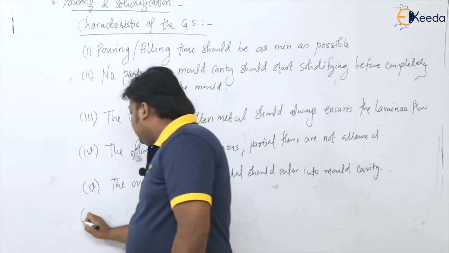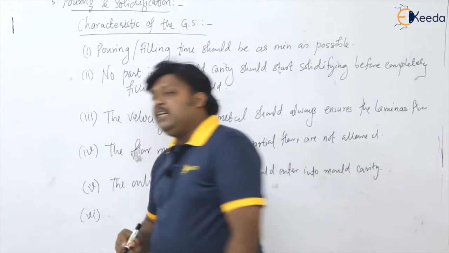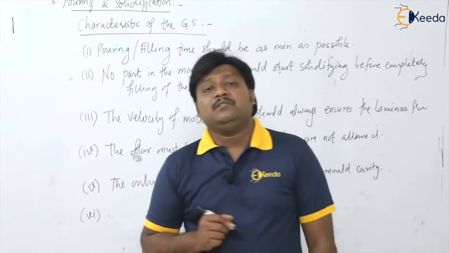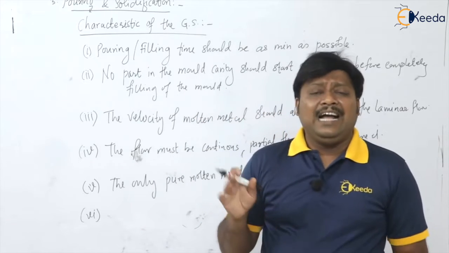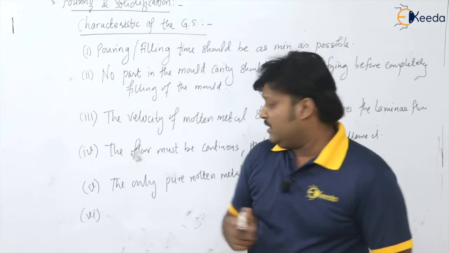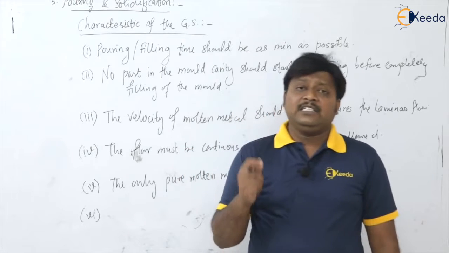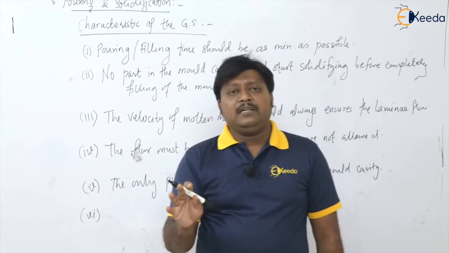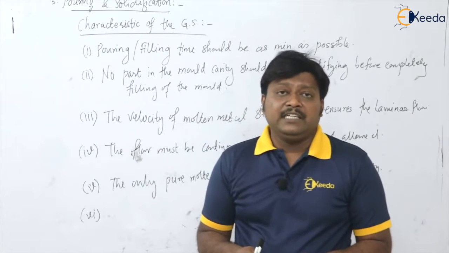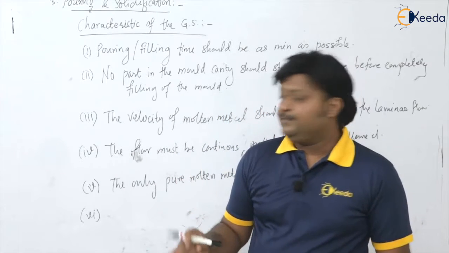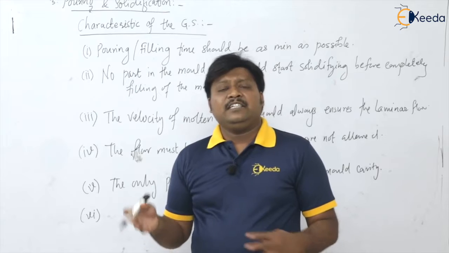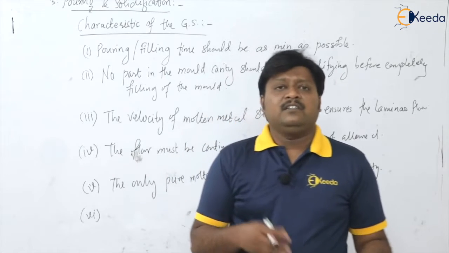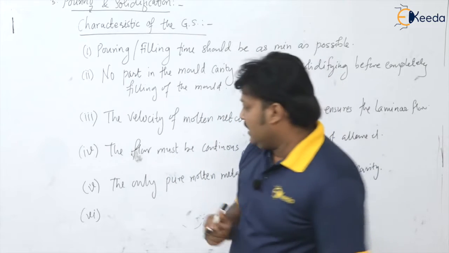If we talk about the sixth characteristic, the design of the gating system must be economical and easy to implement. Please remember, you should design the gating system such that there is less cost, or it should be economical, and the implementation of the gating system can be easy. That is, after casting, it should be broken very easily to take out the casting.